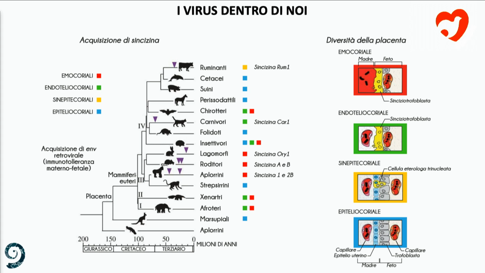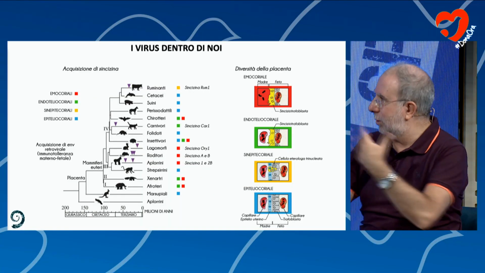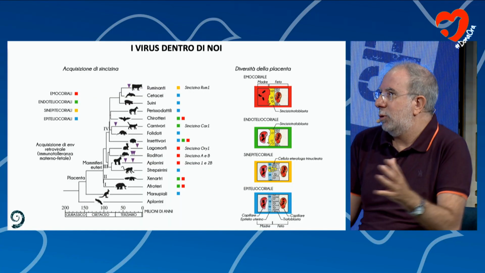But anyway, in all the studies, a viral protein was always involved. So this is a significant example of co-evolution between an element which is originally hostile, a pathogen, which then is tamed and is no longer a pathogen and is used in a beneficial way.